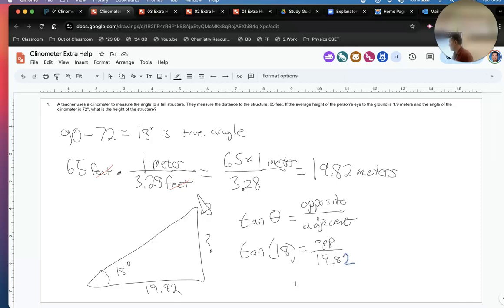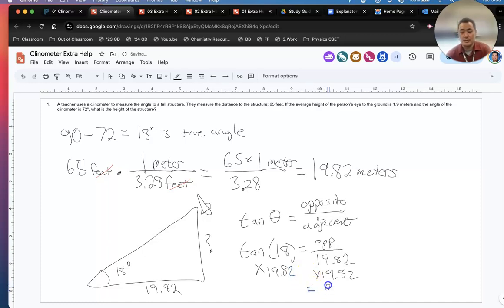By doing what kind of math? Well, it's already dividing. You have to multiply. So multiply times 19.82 to both sides. And then we're done. That's the last step.